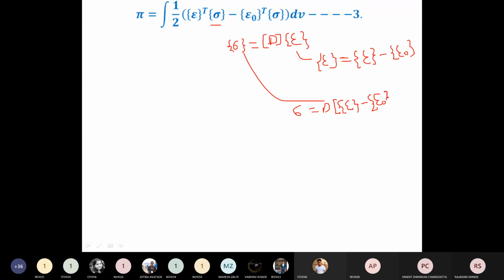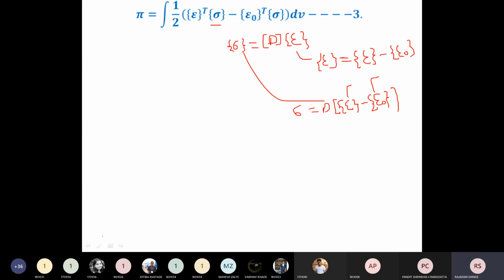Okay. Or you can see here, first I have replaced the strain only, then I am going to replace the stress by d into epsilon minus epsilon 0. Already you have seen this equation. Here epsilon is your total strain, and epsilon 0 is your strain due to thermal load. Okay.